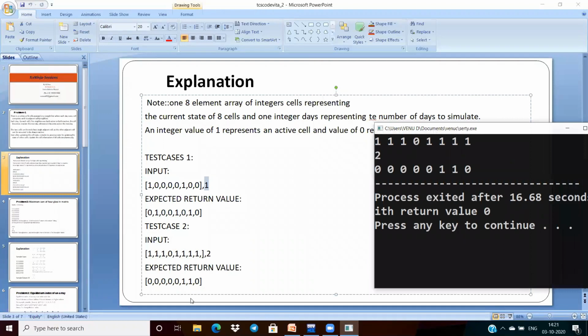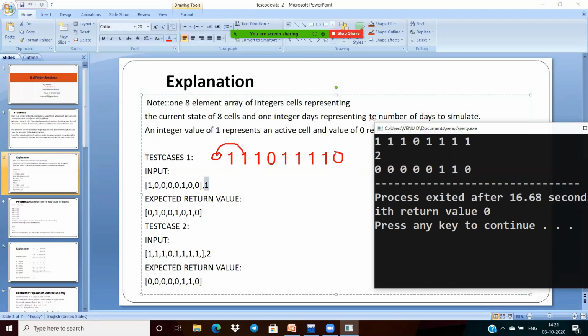Sir, how am I actually getting this? See, for the first day I'm implementing here. How many ones? 3 ones, 0, 4 ones. After the first day, we are assuming it is 0 and the other side is also 0.